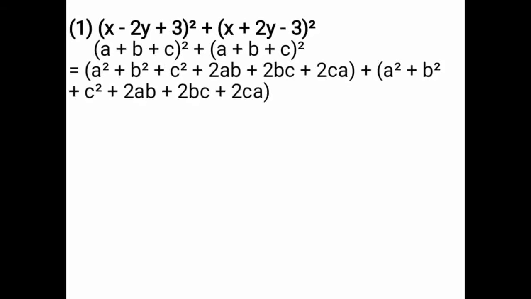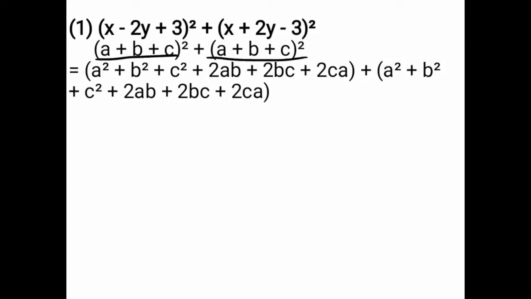That is equal to a square plus b square plus c square plus 2ab plus 2bc plus 2ca. Again you have to write plus a square plus b square plus c square plus 2ab plus 2bc plus 2ca. 2 times I wrote here the combined form of the formulas of (a plus b plus c) the whole square.